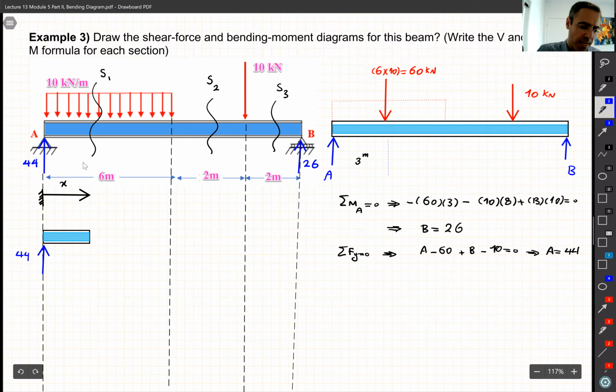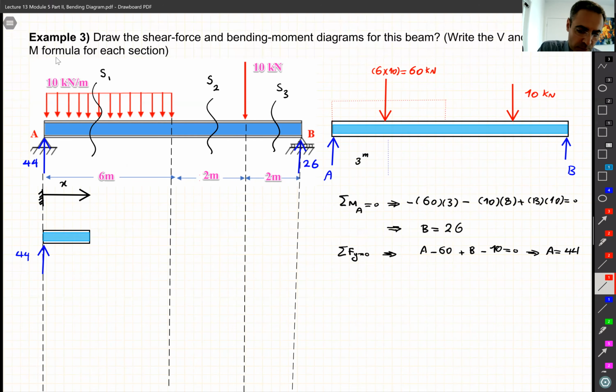And then I see a distributed load. All right. We need to be very careful about these distributed loads. So this distributed load is, remember, on this region. So somebody tell me what is the equivalent of this distributed load, right?